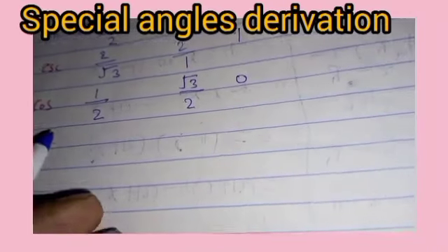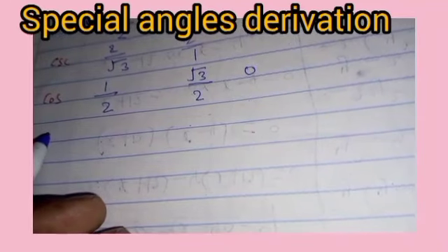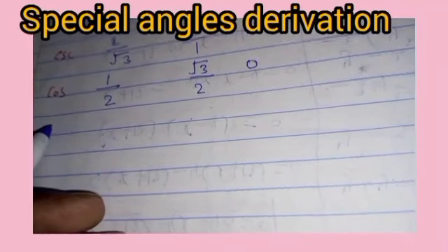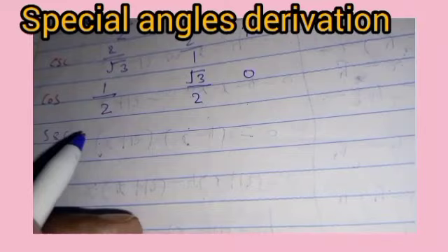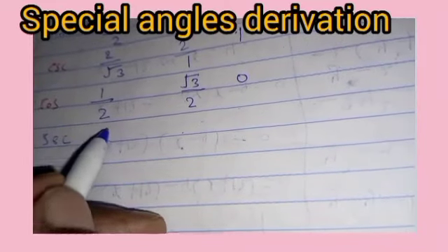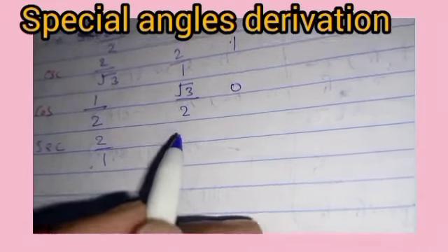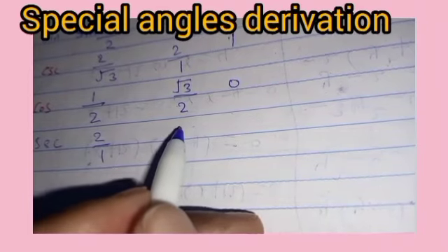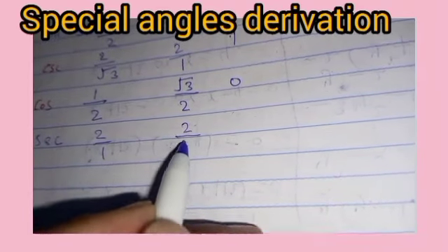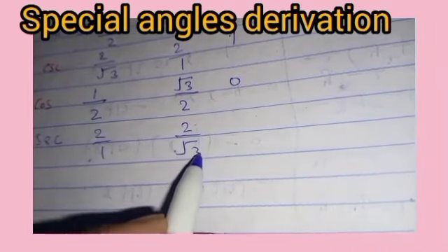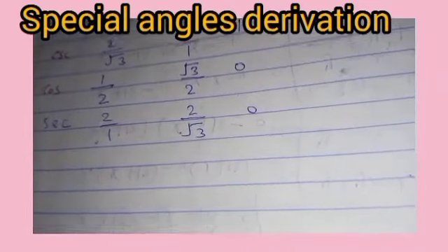Now the reciprocal of cos is called sec. So sec of 60 degrees will be 2 over 1, and that of 30 degrees will be 2 divided by root 3. The other one will be 0.